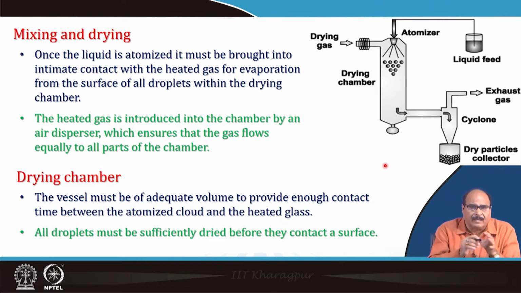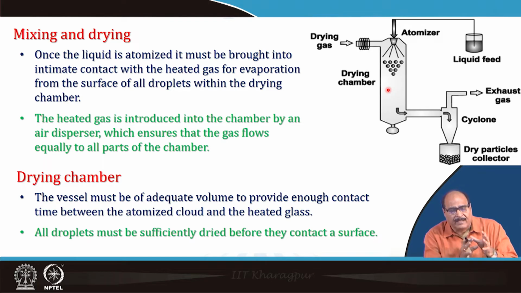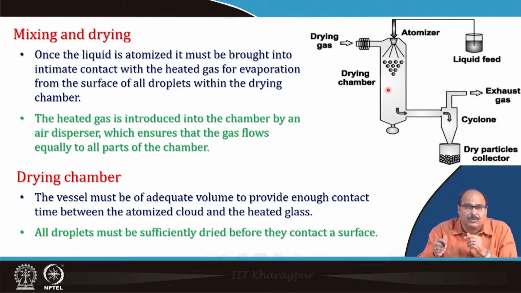Then after the atomization, as I told you earlier, in the drying chamber there is mixing of the hot air with the fine particles of the liquid. It must be brought into intimate contact with the heated gas, heated air, for evaporation from the surface of all droplets within the drying chamber. So, the heated gas is introduced into the chamber by an air dispenser.